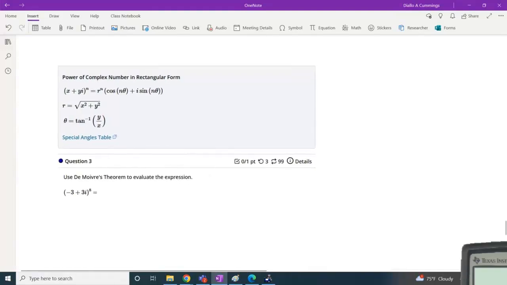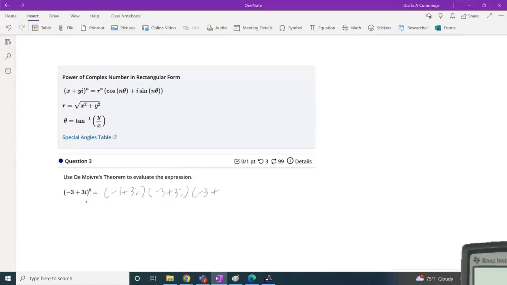Now, without de Moivre's theorem, the way that you would actually answer this is you would take -3 plus 3i and you would multiply that by itself 8 times. So like this could be -3 plus 3i times -3 plus 3i.